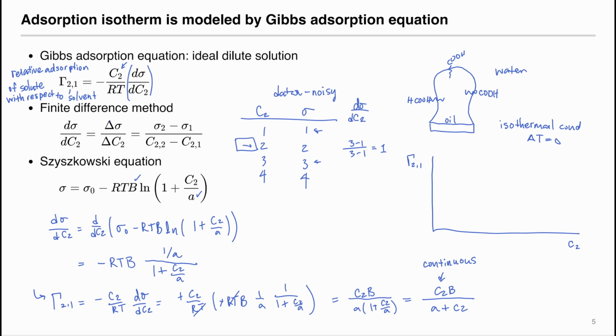On this graph, you will have the data points that you determined from the finite difference method, data points like this. And you'll also have the data you determined from the Szyszkowski equation, and it will be a continuous range of C2 because you can vary C2 however you want. It would be like this.